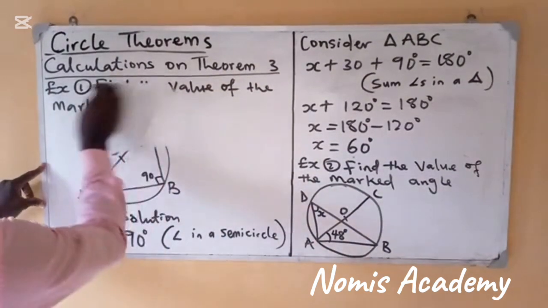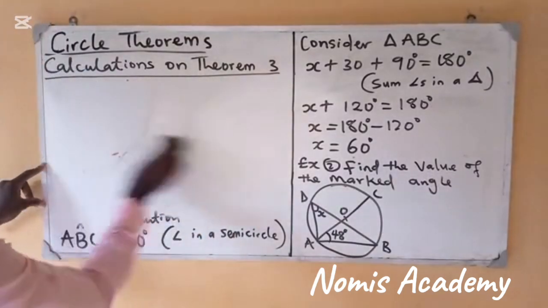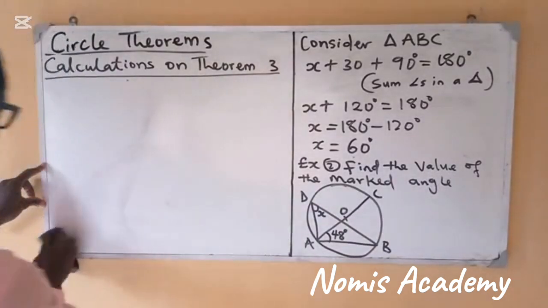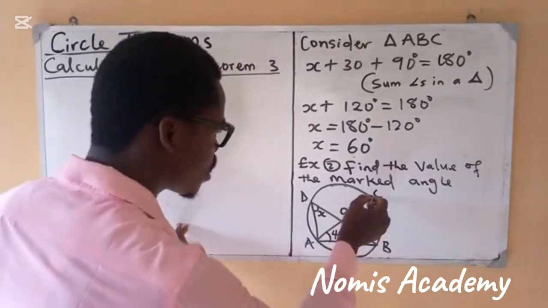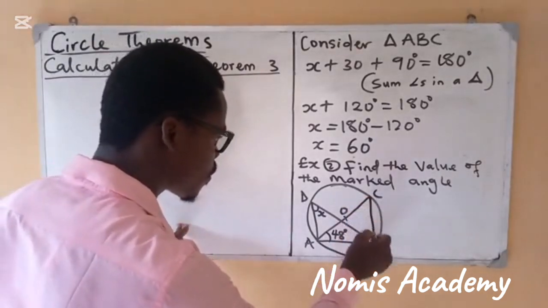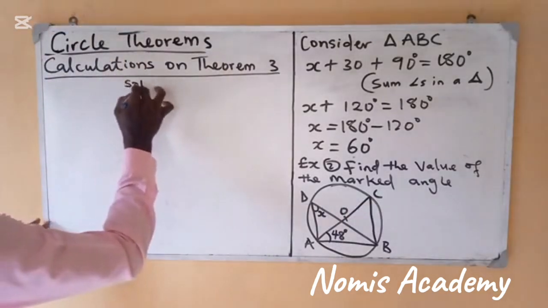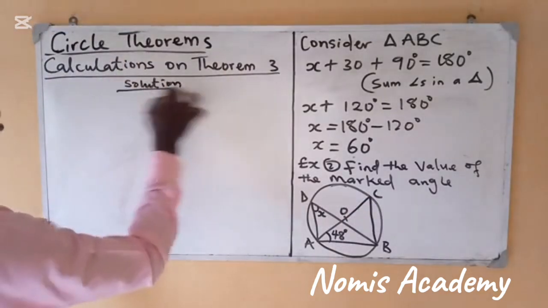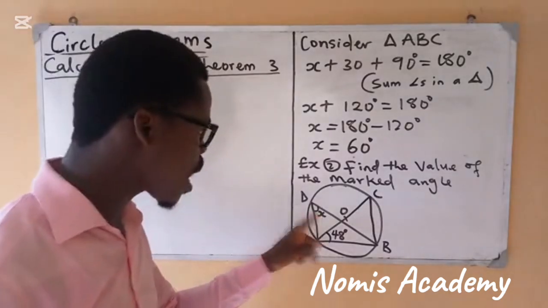So let's clean this other side of the board. Okay, so this point is joined together. Now, solution to the problem. So we are going to find the value of x. We are going to find this particular angle.